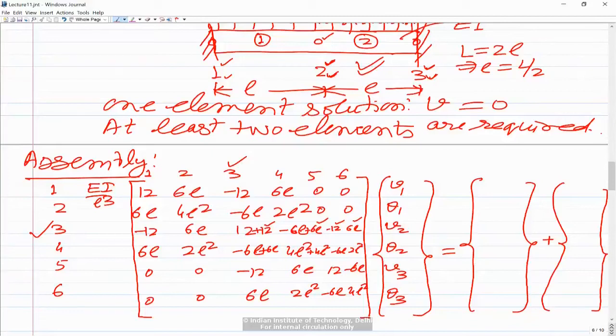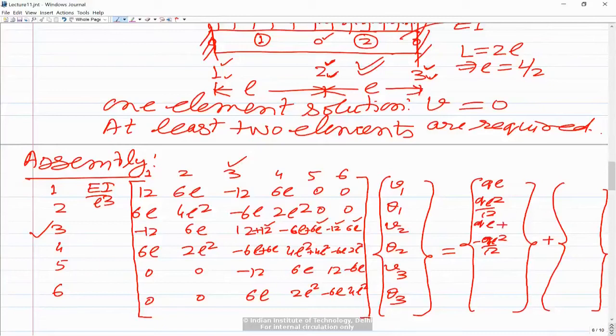Now coming to the load vector, so the first element load vector, because the first element is defined between global nodes 1 and 2, its contributions will go to the first four rows. So the first element is ql, and then ql square by 12, and then ql, and minus ql square by 12. So this is the contribution of the first element. Then the second element contribution will go to the third, fourth, fifth, and sixth rows.